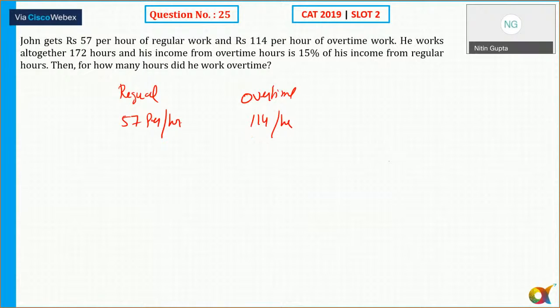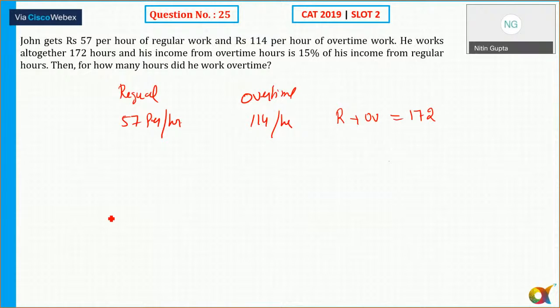He works all together 172 hours, regular time plus overtime. And his income from overtime hours is 15% of his income from regular hours.